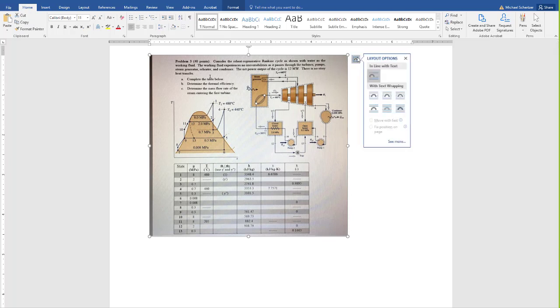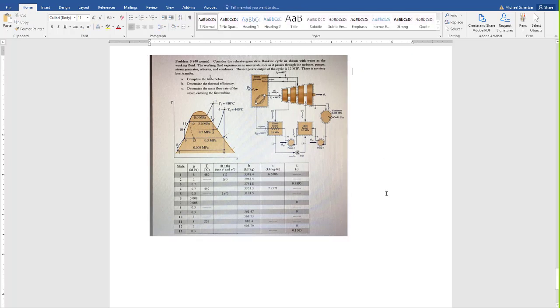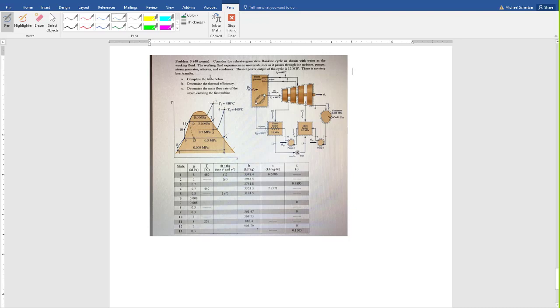I'll shrink this down a bit, make it a little more friendly in Word. Right, so we know we have 13. We need 6, 7, and 8. So h6 is over here. h7 is over here, and h8 is over here.